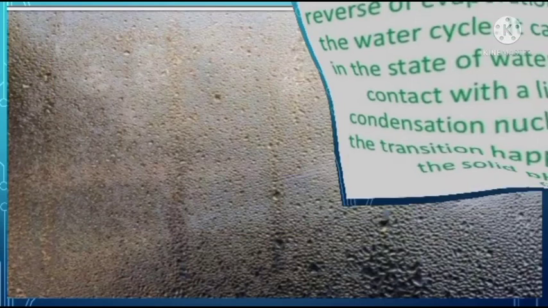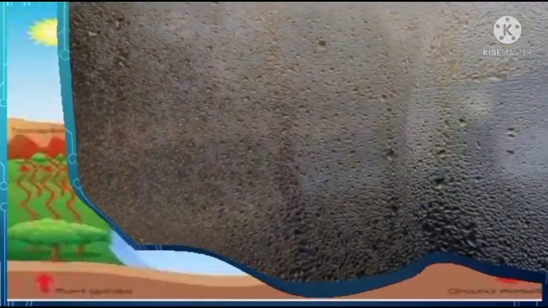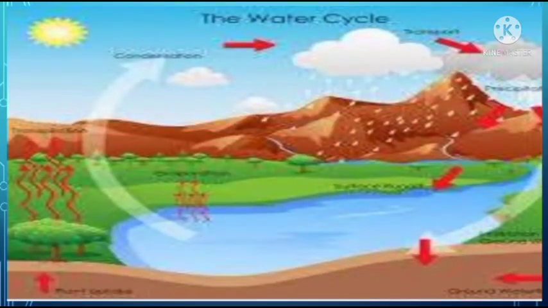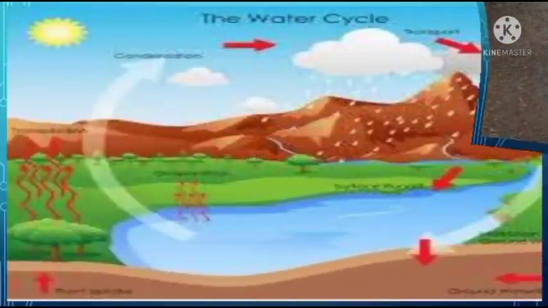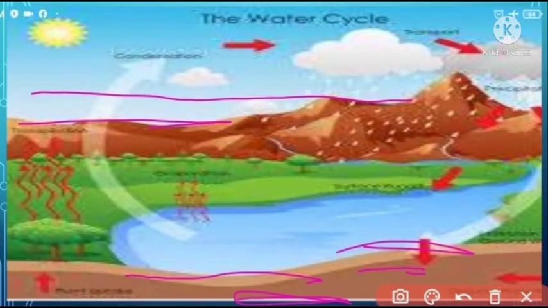Next, this is the condensation acting area. This method is one of the cyclic processes. Any water area containing water evaporates in the presence of sunlight.